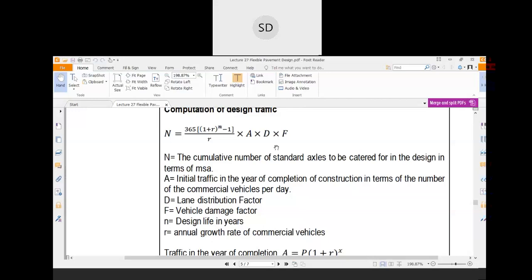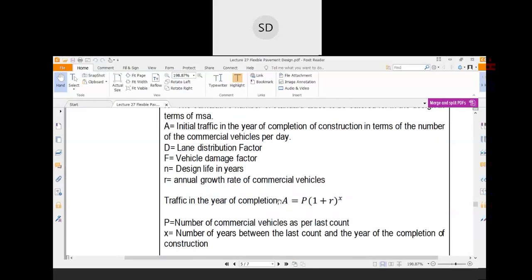So here A is the total number of traffic in the year 2023. So how will you calculate this? You will calculate this using this formula, where A is P into (1 plus r) to the power x, where P is your initial traffic, that is the last traffic count which we have considered, that is the number of commercial vehicles for the last count.